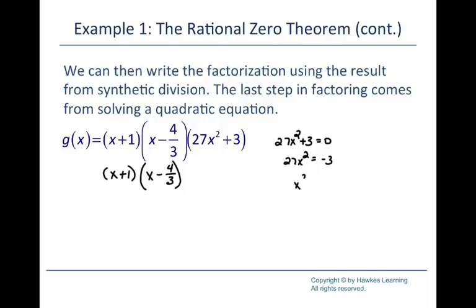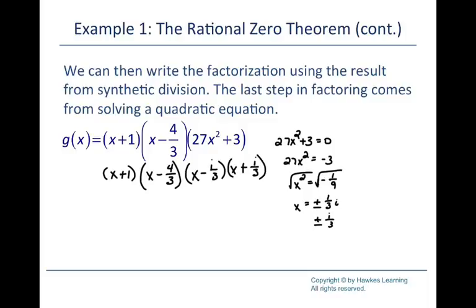And x squared is equal to negative 3 divided by 27, so the square root is going to equal negative 1/9. So x will be plus or minus 1/3 i, which can be plus or minus i over 3. Okay, so my two factors that I have left are x minus i over 3 and x plus i over 3.